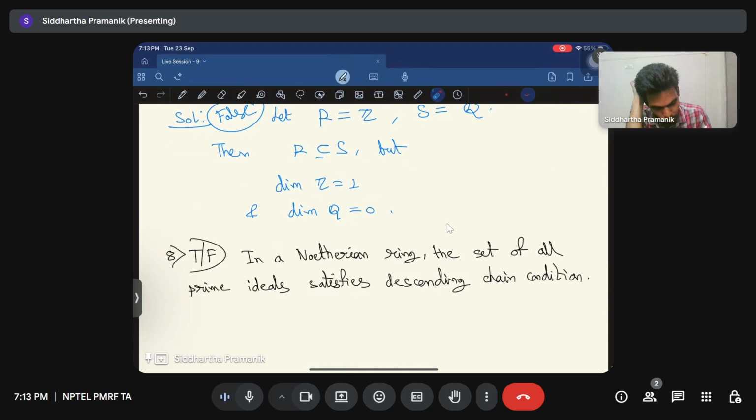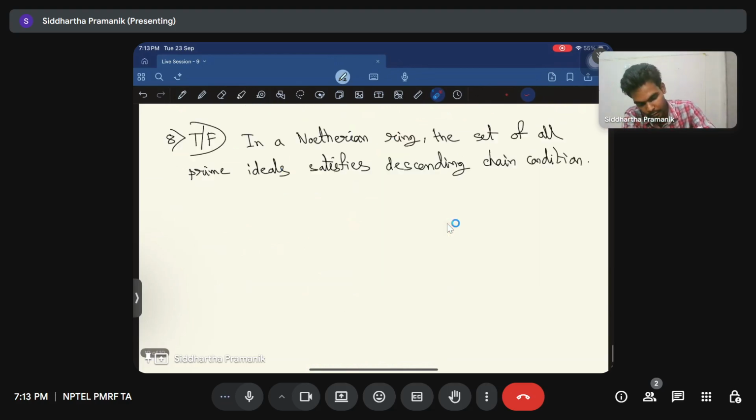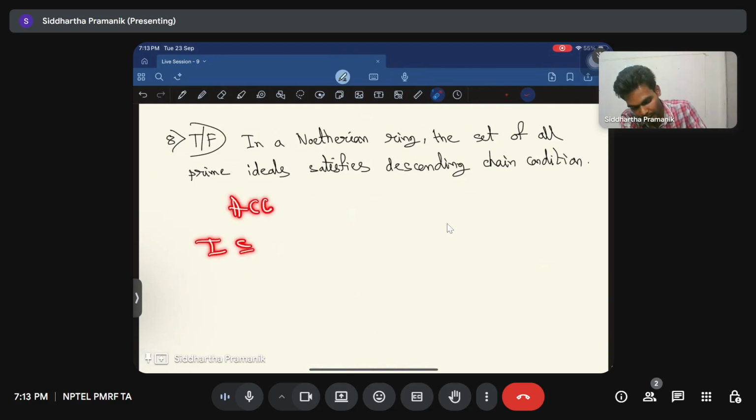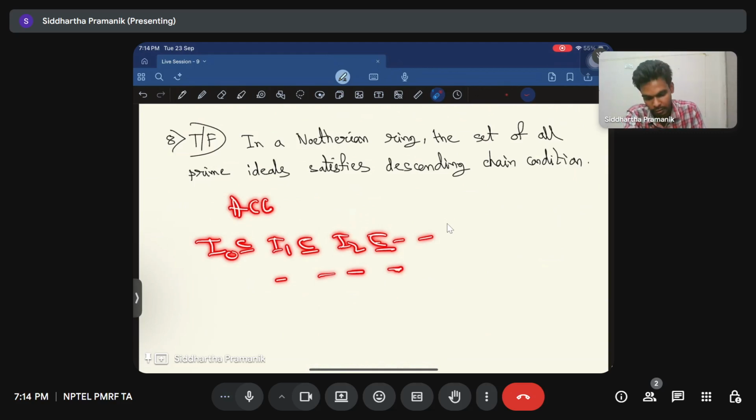So we know about ascending chain condition ACC and descending chain condition DCC, right? So ACC means if you have an ascending chain of ideals, then it has to be stabilized at some point. And if this is true for every ascending chain of ideals, then the ring is Noetherian. That we know. So in a Noetherian ring, every chain of ideals satisfies the ascending chain condition.